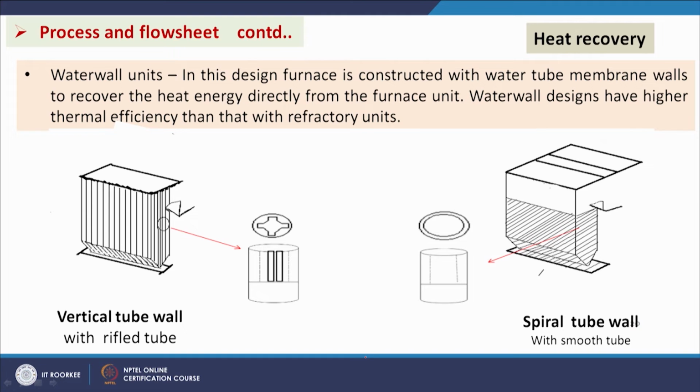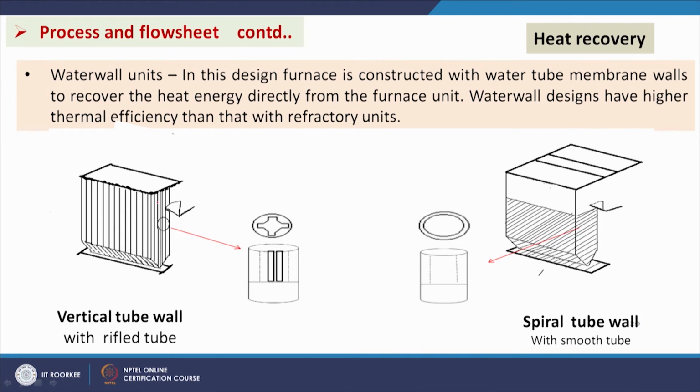In books you may find that somewhere it is mentioned only boiler, somewhere furnace and boiler. So, when we use these water wall units, the furnace and boiler are the same, but when we go for a refractory unit, the furnace and boiler are different units.